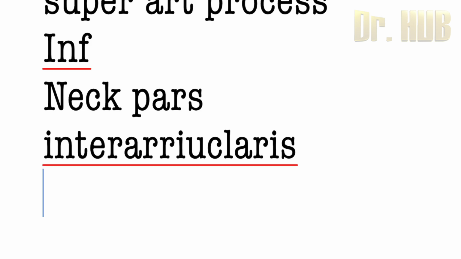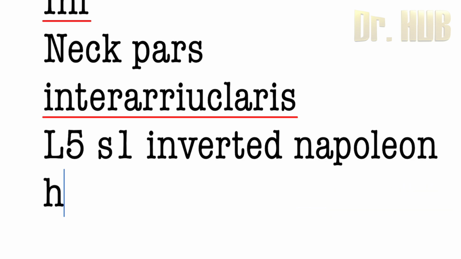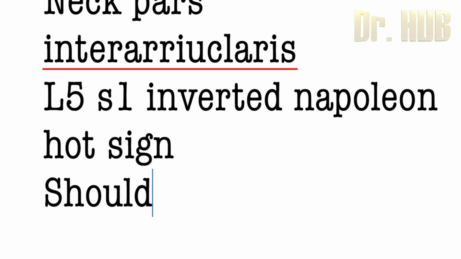The frontal view with severe L5-S1 spondylolisthesis shows an inverted Napoleon hat sign. Next is the shoulder and hip dislocation.